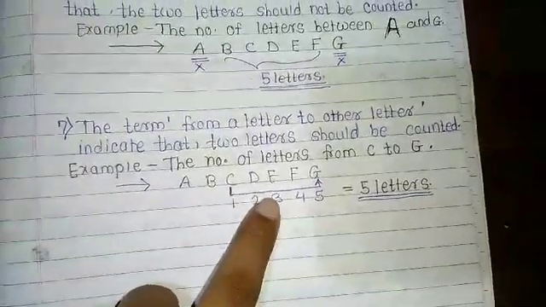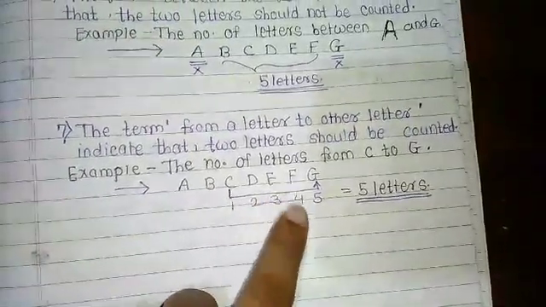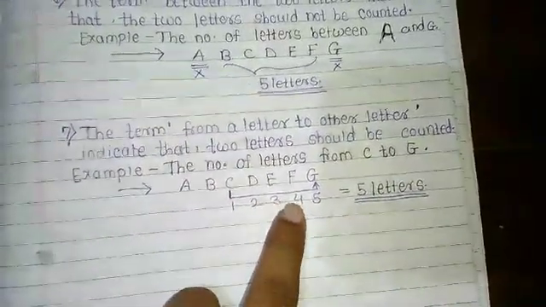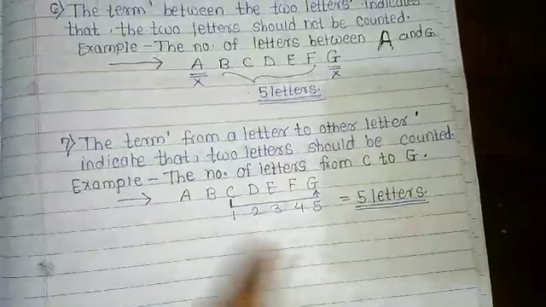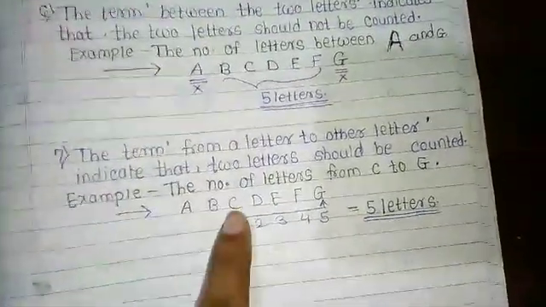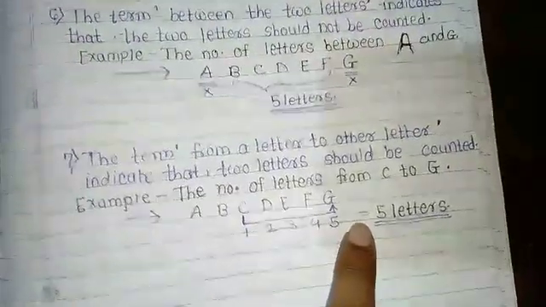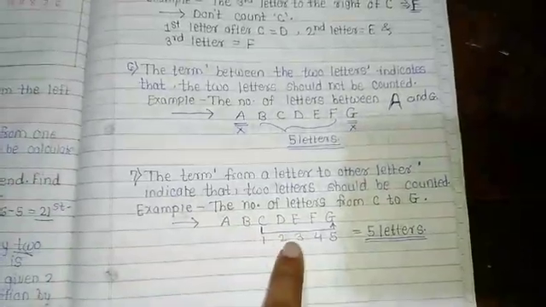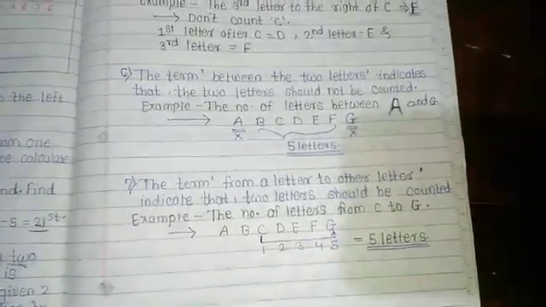D is second, E is third, F is fourth, and G is fifth. Total 5 letters from C to G. So we are counting both the letters C and G.